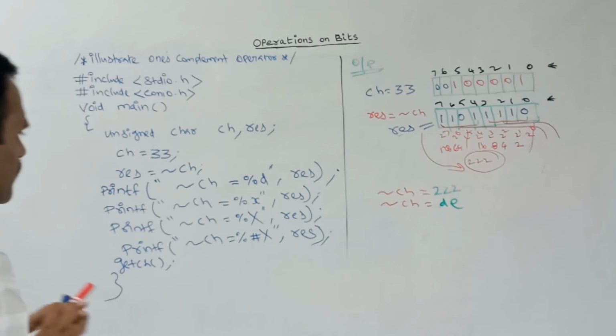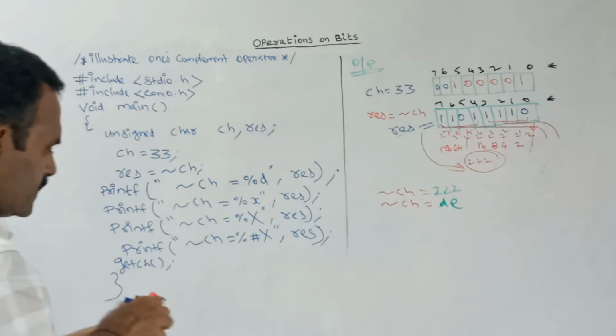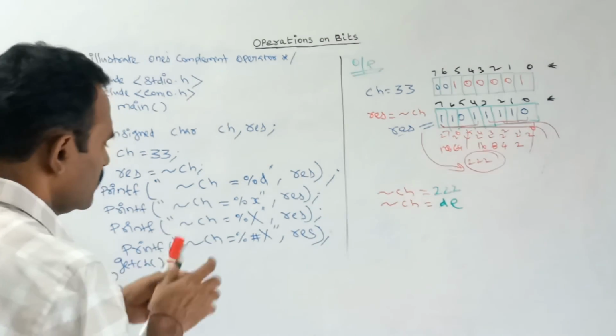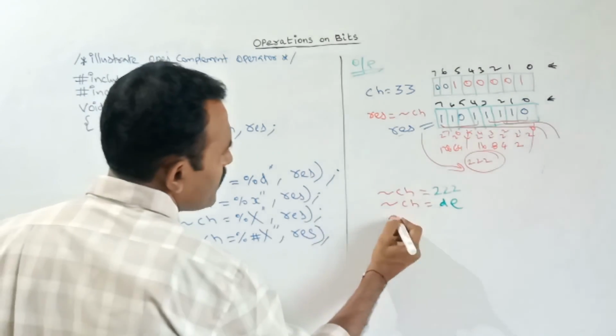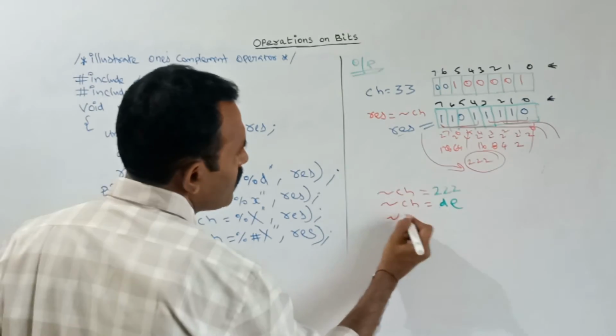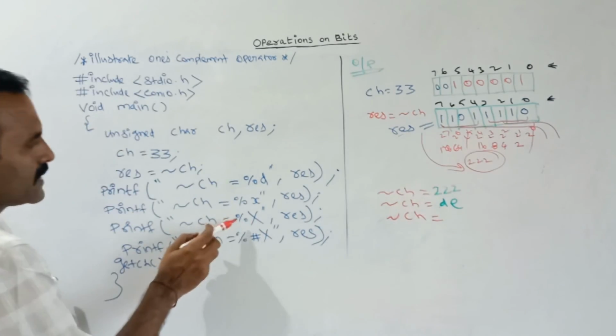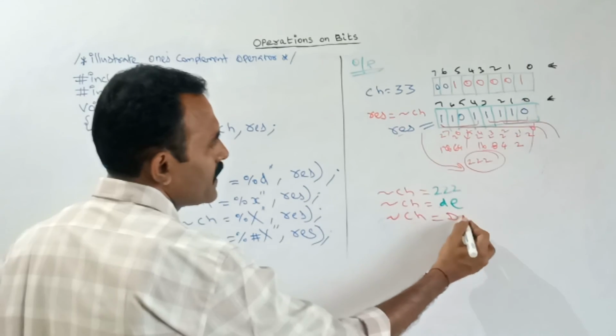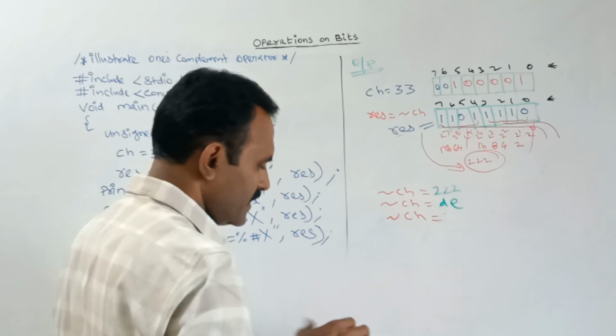Next, here the 1's complement of CH value in hexadecimal, capital X means this will display everything in uppercase letters.